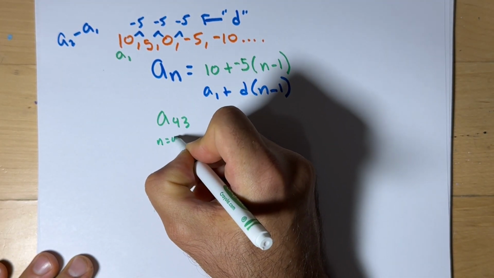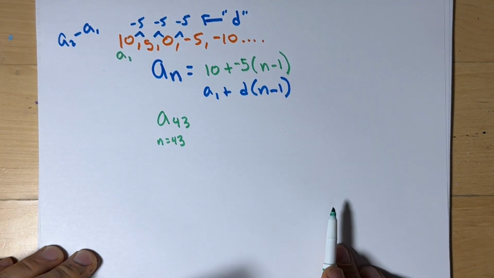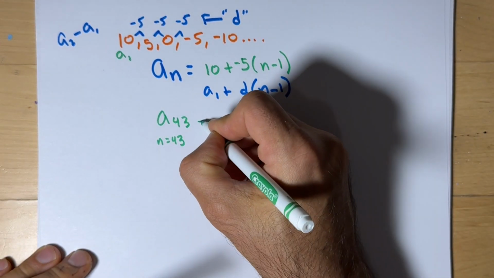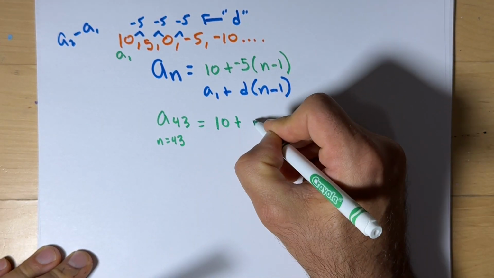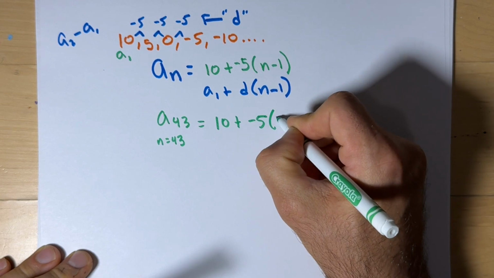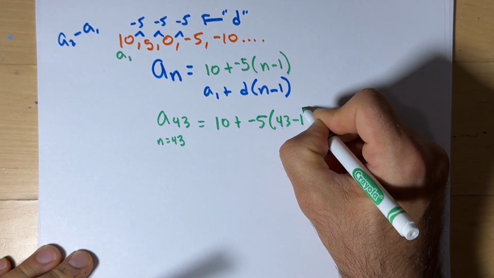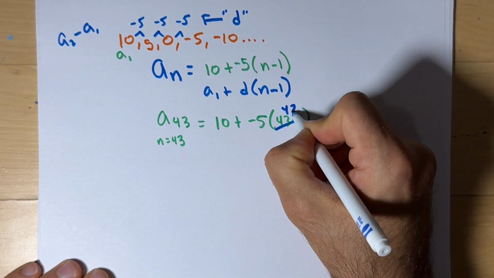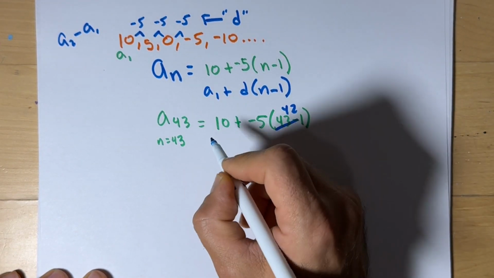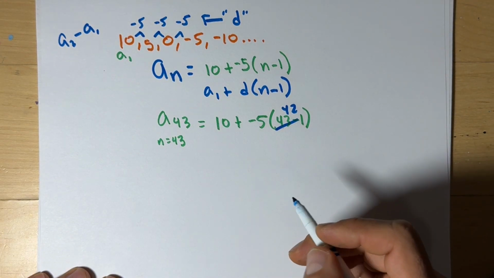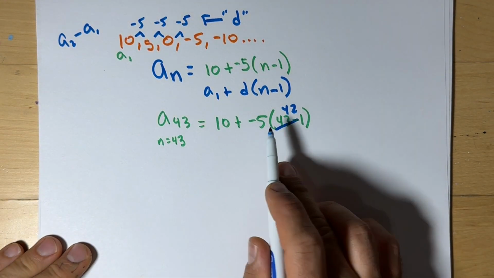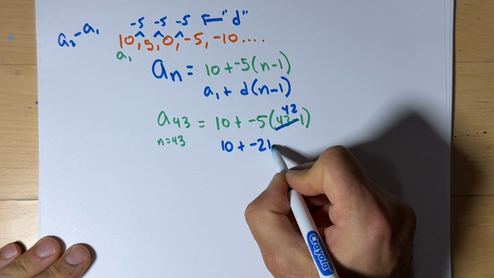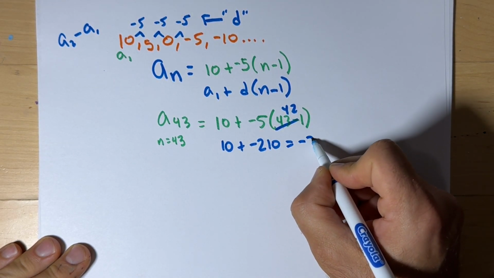Our n is 43. It's the 43rd number. So we're going to use this formula and plug in 43 for n. 10 plus negative 5 times 43 minus 1. Again, 43 minus 1 is 42 because we have 42 numbers plus the first one, which would make 43. This will be 10 plus negative 210, which is negative 200.